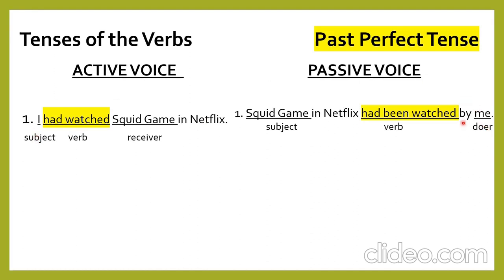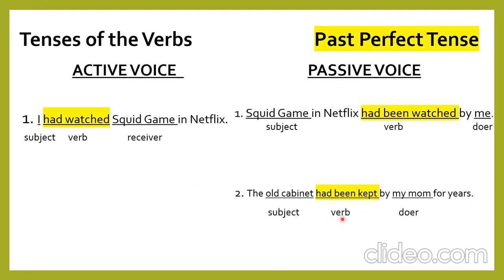Okay, next. The example sentence is in passive voice. The old cabinet had been kept by my mom for years. The subject is old cabinet. The verb is had been kept. And the doer is my mom. So we're just going to change position.